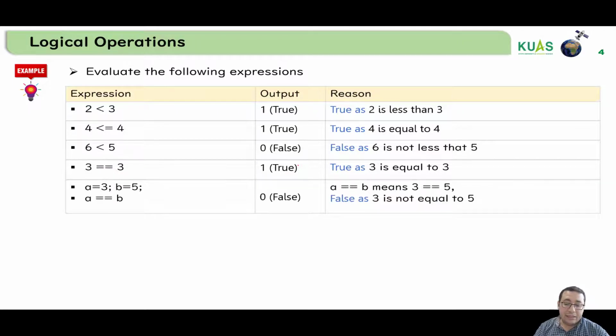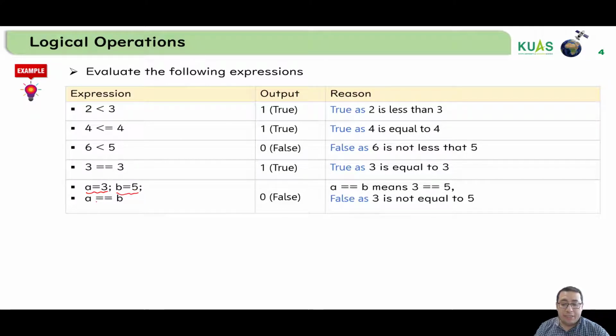In all the previous examples, we just compared a number with a number. However, we can also use variables. For example, if we say A equals 3, this is an assignment because we store the value of 3 inside the variable A. And we say B equals 5.